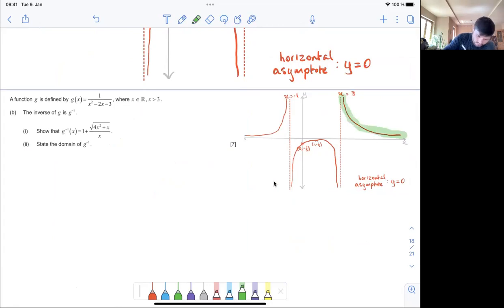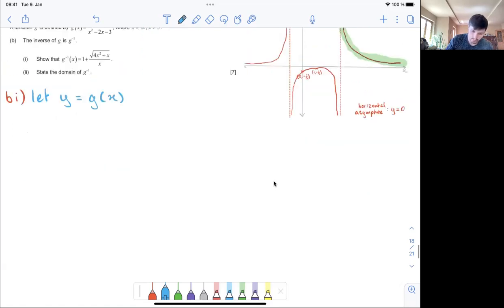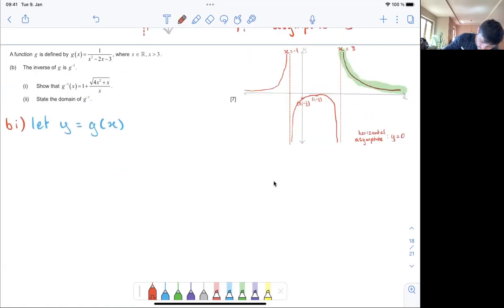Now, in order to find an expression for the inverse, what we tend to do is say let y equal our function, so g of x. This just makes it easier to rearrange in the following steps. So y is equal to 1 over x squared minus 2x minus 3.